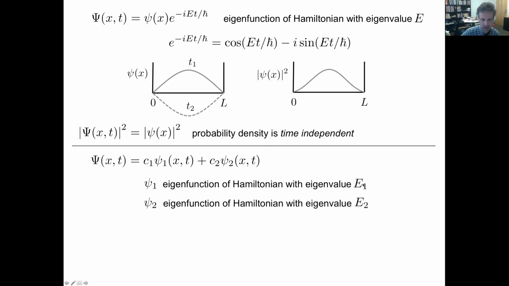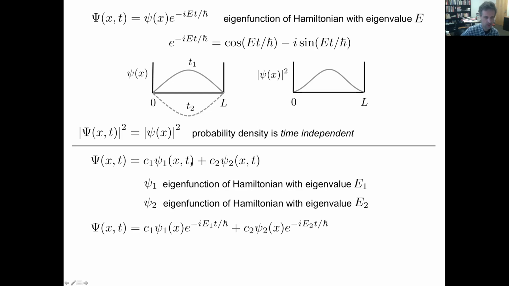Okay, so energy E1 for eigenstate psi1, and energy E2, a different value, for the eigenfunction psi2. Okay, so the total wave function is a sum of each, of course, with weighting factors C1 and C2. Okay, and if I'm interested in the probability density, I have to take the square modulus of this entire thing.